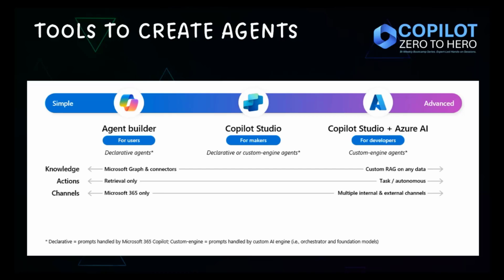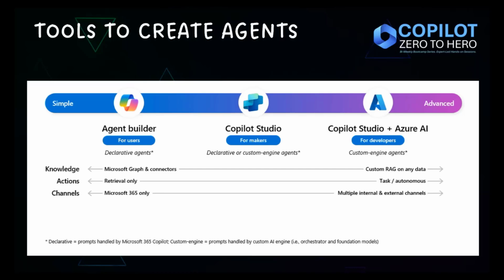But you can actually create agents with Microsoft 365 Copilot, if you're licensed, of course. Then you can also build agents in Copilot Studio, and you'll see that this image just displays your agents that you are building. If you're building them from Microsoft 365 Copilot, it's predominantly for users, and it's more towards the simple side of agents.